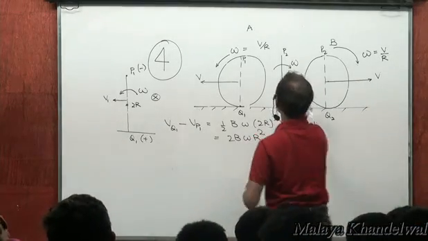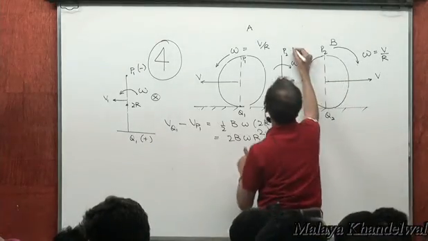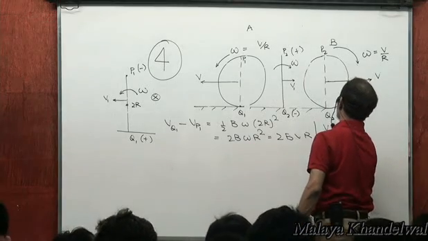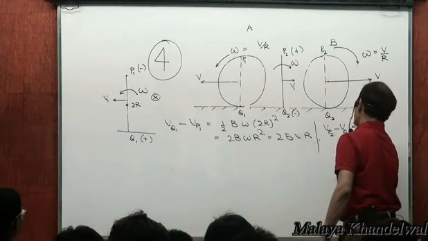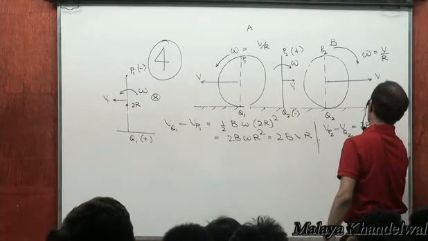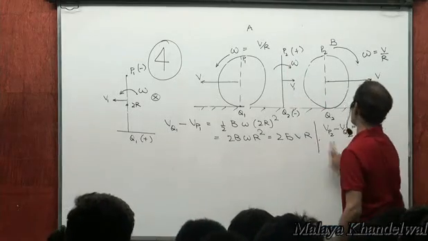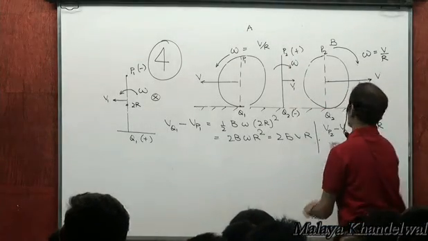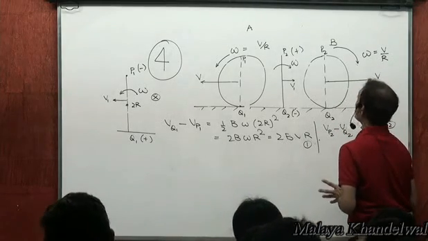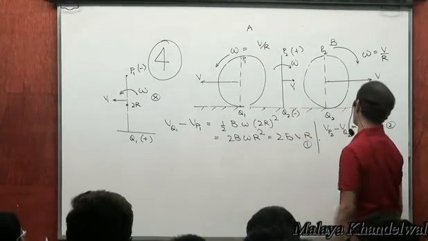V is like this, say v1, then v1 cross B would be upwards, so P2 would be at a higher potential compared to Q2, so VP2 minus VQ2 would have the same magnitude, 2Bvr. Same calculations, imagining it to be in a state of pure rotation about Q2 and P2 being at a higher potential compared to Q2. So I have two conditions. This is 1 and this is 2. What I am seeking is VP2 minus VP1.